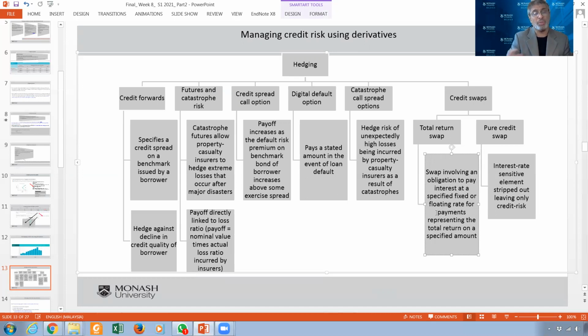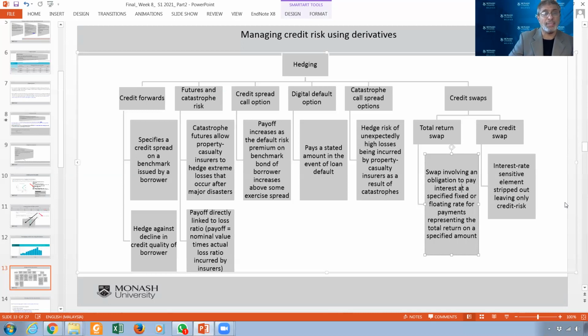So you have to swap the return. You can use what we call the bond return, and they will give you the Libor. You can swap the Libor return against interest, which you can swap against fixed or floating. So you give the Libor rate, and they will give you the current rate.